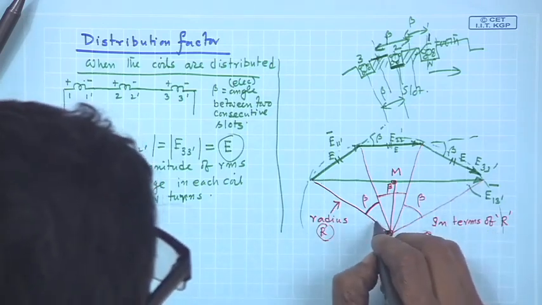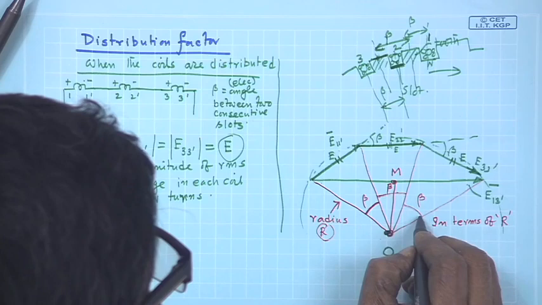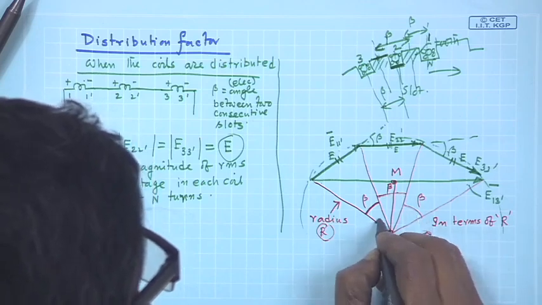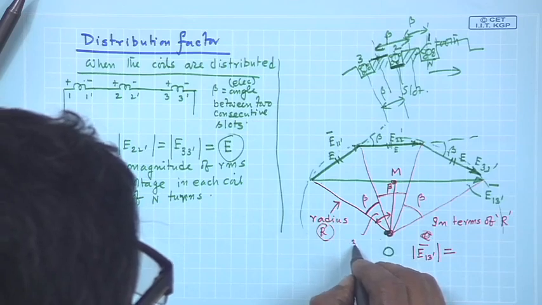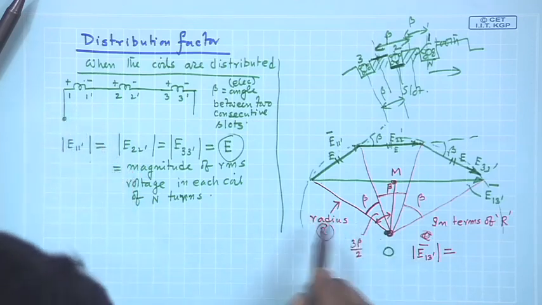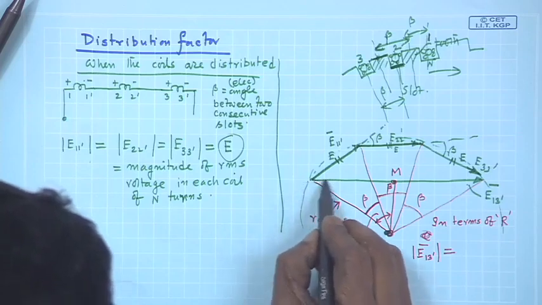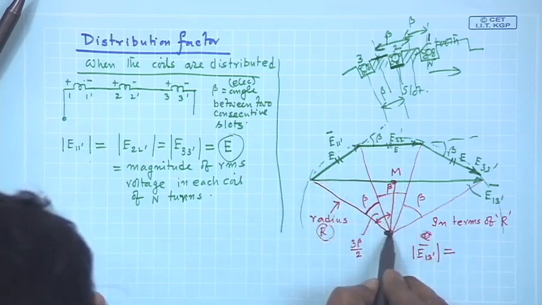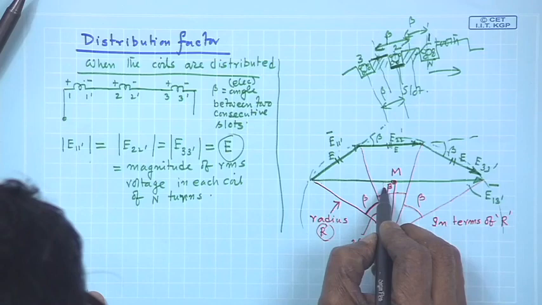Why? Because this angle is 3 beta, therefore, this angle will be 3 beta by 2, and you know this length from this right angle triangle, this is right angle.